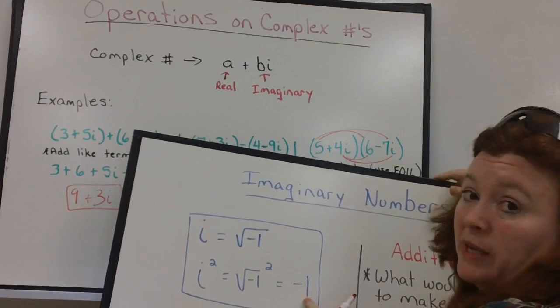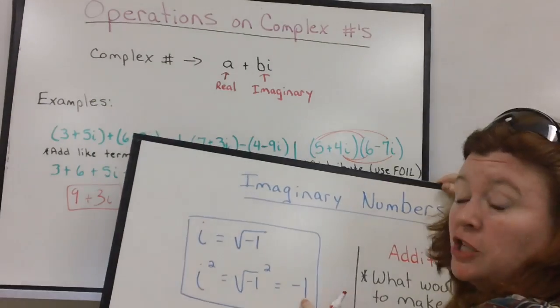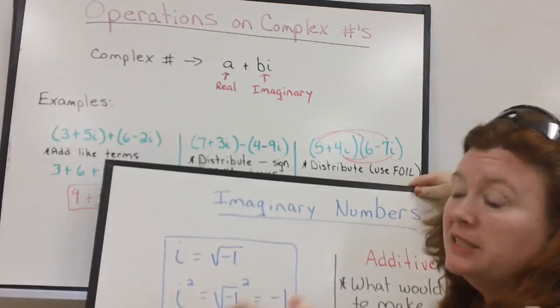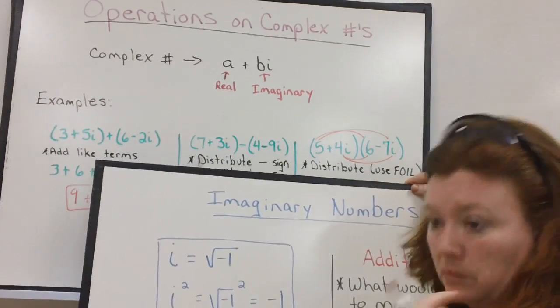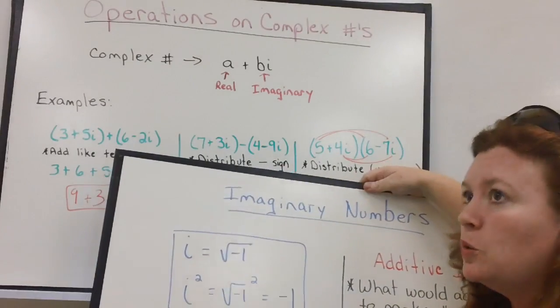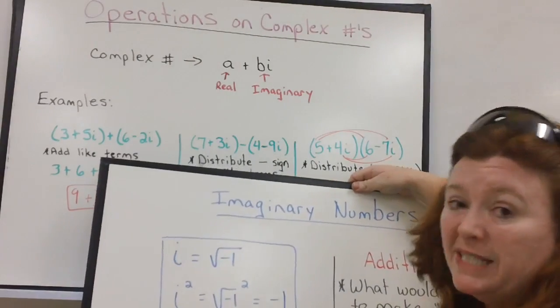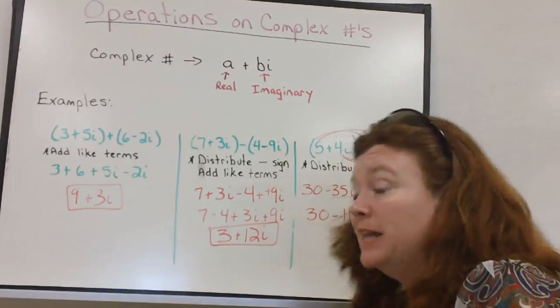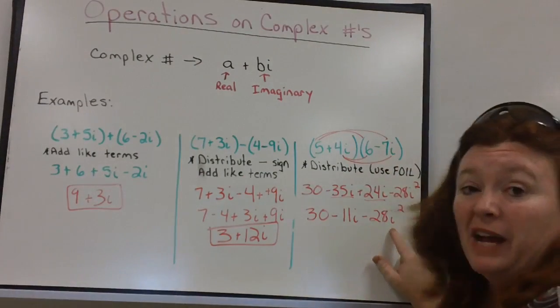It is equal to a negative 1. So I should never leave it. For example, you wouldn't leave in your answer 7 squared. You would square it and get 49. You would never leave the square root of 28 because you can still simplify it and break it down. You're not done yet. So I have an i squared.